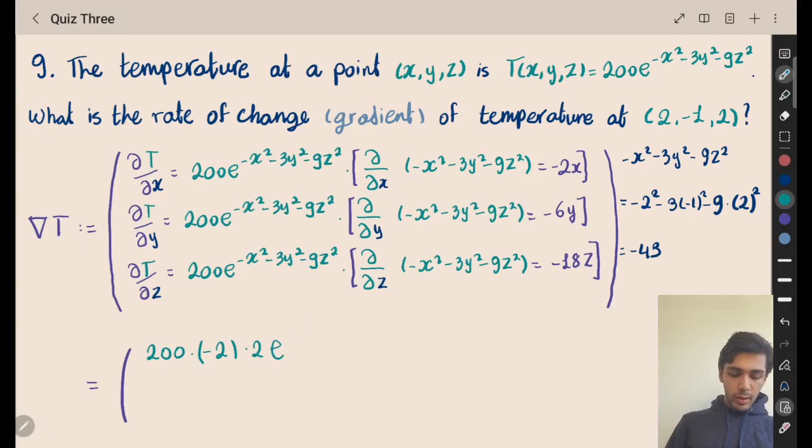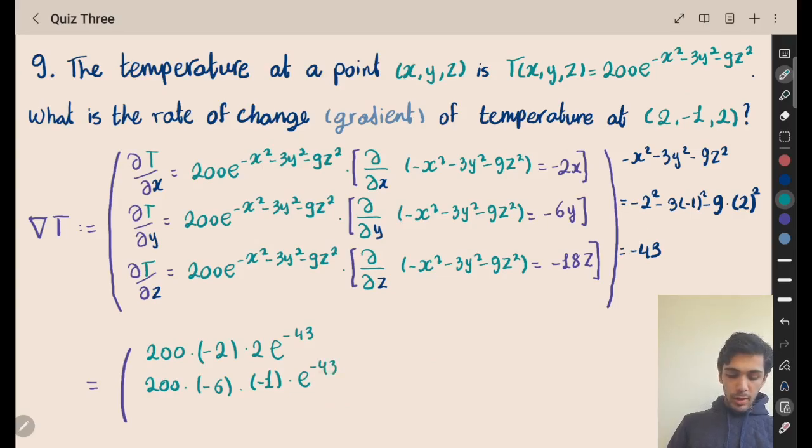In other words, I can write e to the minus 43 in all of them without really having some sort of hurt conscience or something like that. And then it's 200 times minus 6 times this value for y, which is minus 1, times e to the minus 43.